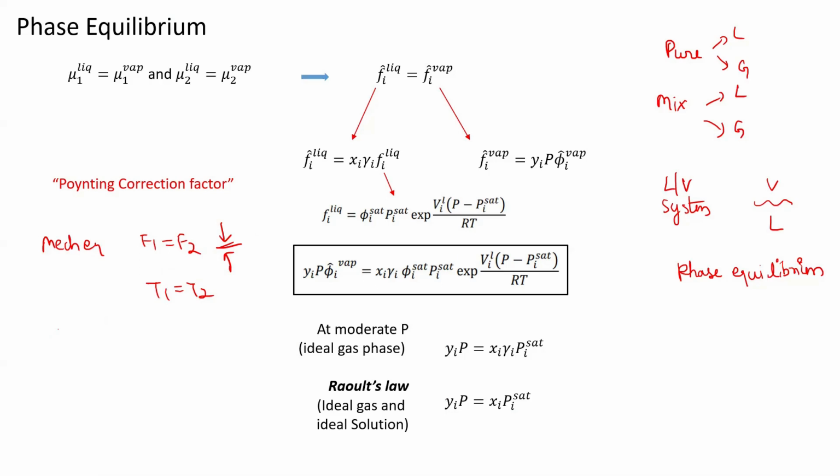If we say mole fractions x1, x2 are there, then y1, y2 are there. Even if particles are moving here and there, these mole fractions of the species will be maintained at the equilibrium values of x1, x2, y1, y2.